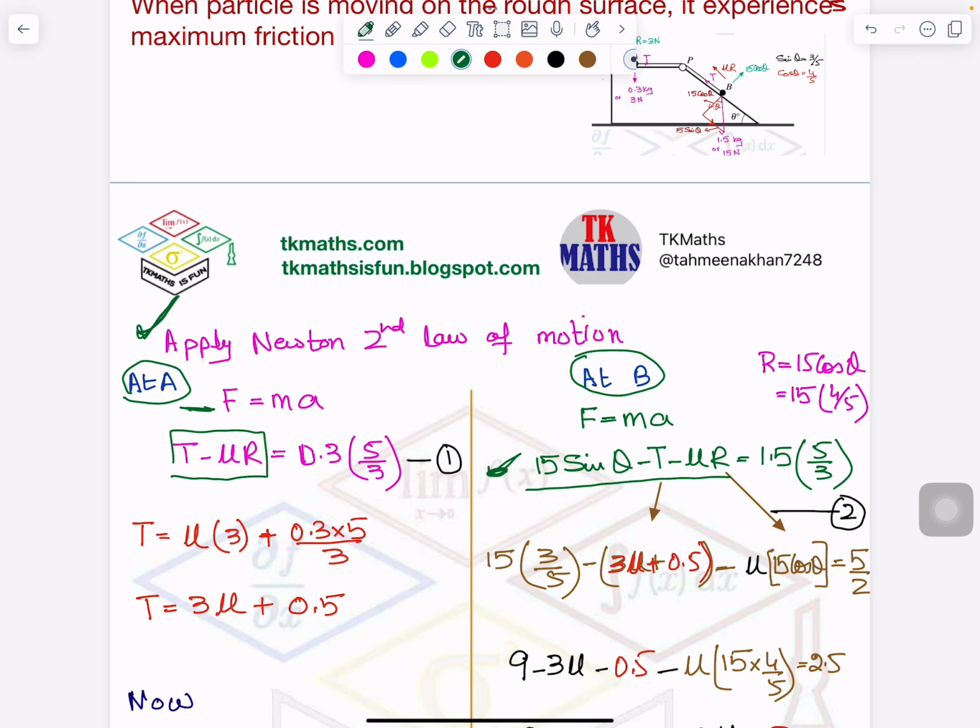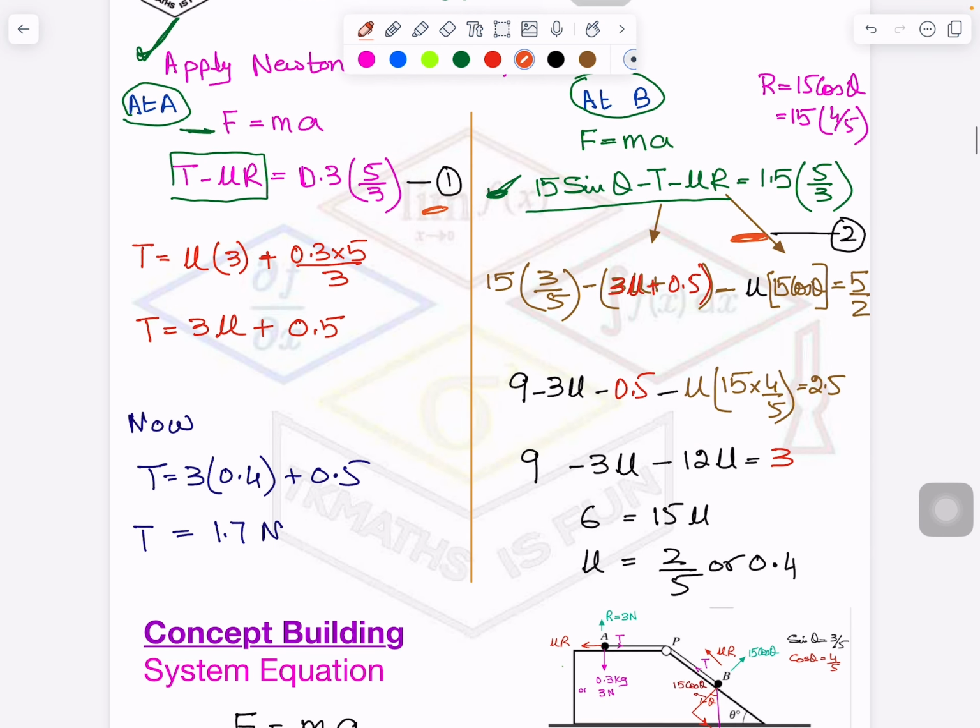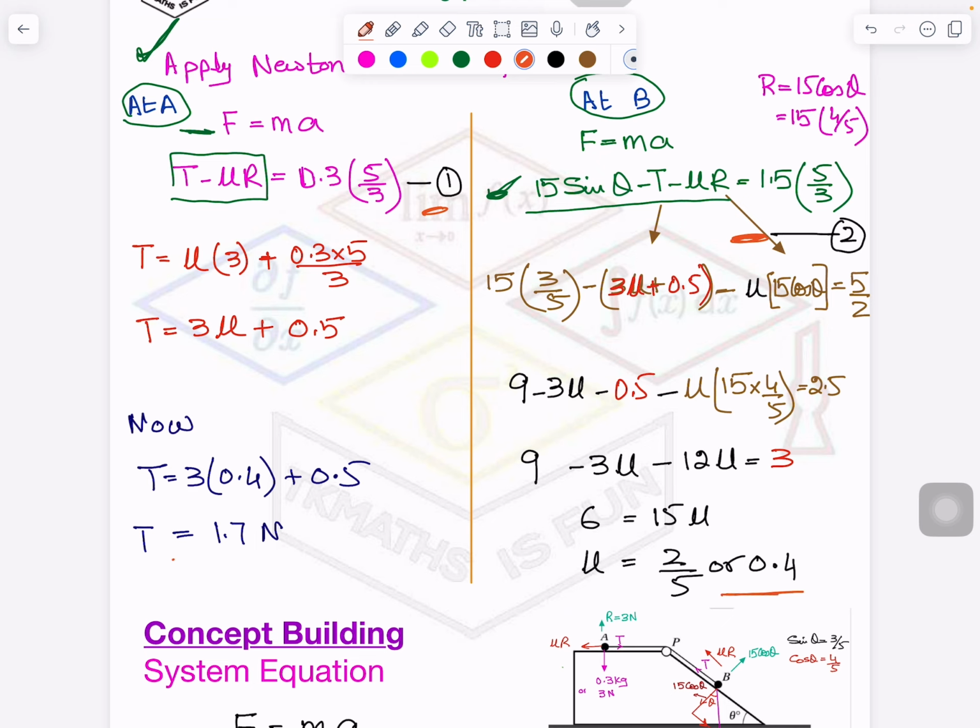Now you have equation 2 and you have equation 1. Now you have to solve them simultaneously. I have done nothing else. I expect you understand basic substitution in algebra. When I substitute, I got mu 0.4 and tension 1.79.